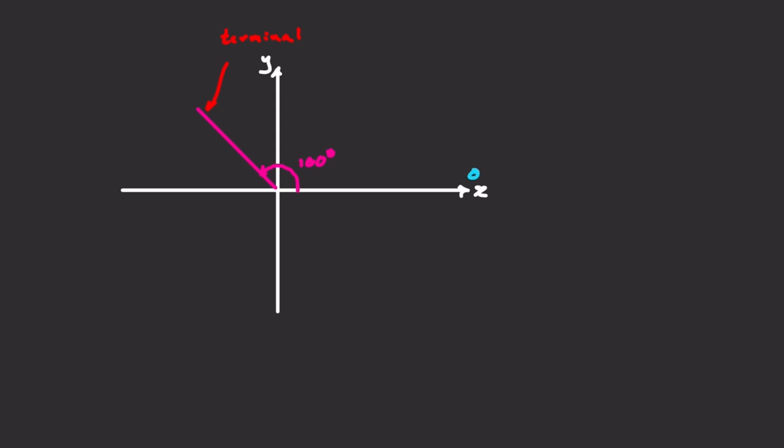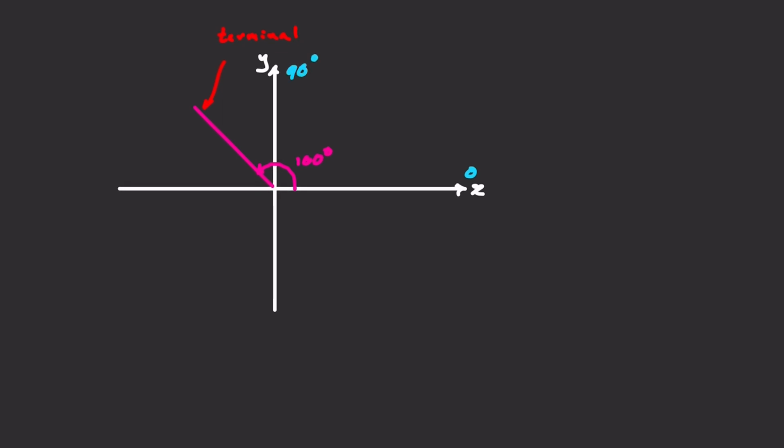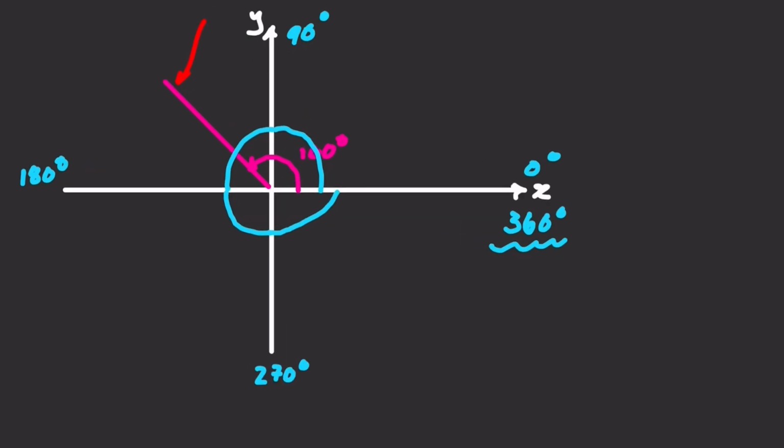So let me label our axis angles again. So 180 degrees, 270 degrees, and back to 360 degrees. Okay, so we start here. We end up here, we're at 90 degrees. We go here, we're at 180 degrees. We're here, we're at 270 degrees. We come back around, we're at 360 degrees. And then we just have one more portion to account for. It's this 100 degrees.